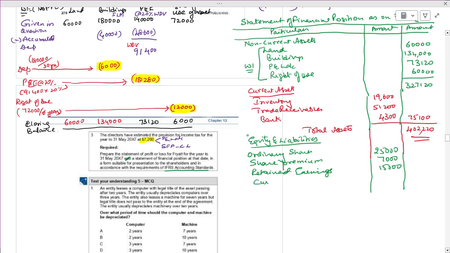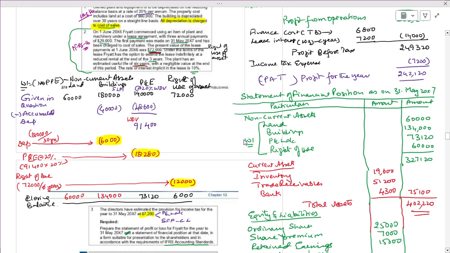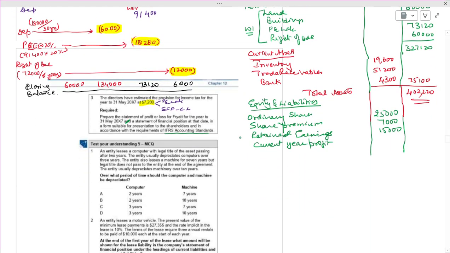Current year profit. How much? 242,120, after tax.